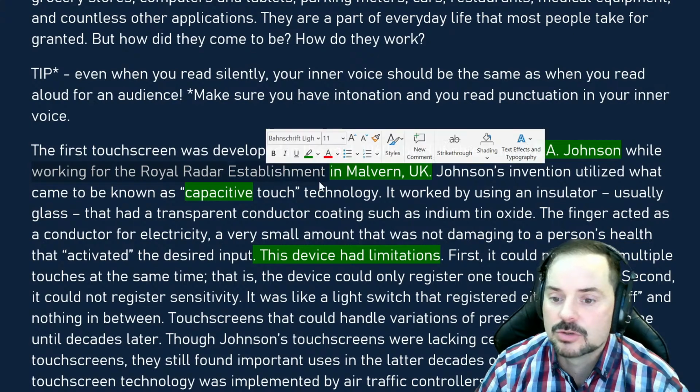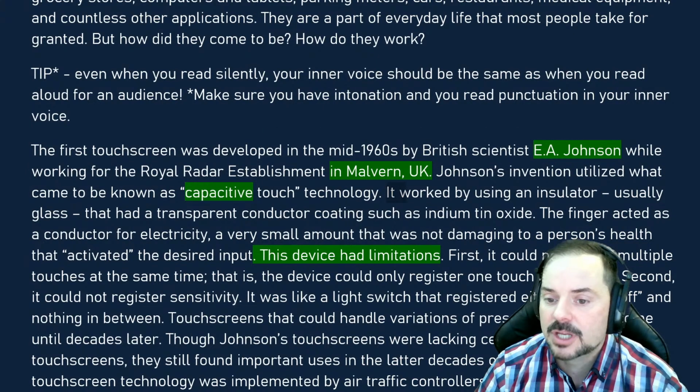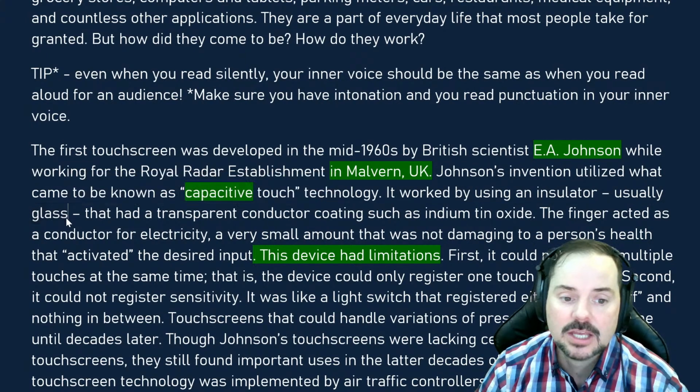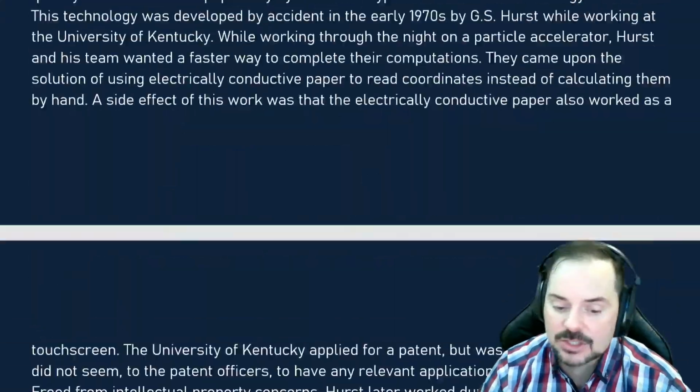It's first introduced, and then they give an explanation. It worked by using an insulator, usually glass. Okay, so there's the word glass, and that's the correct answer.